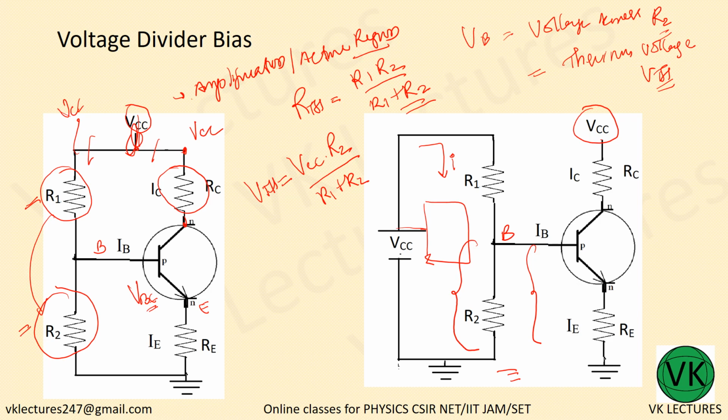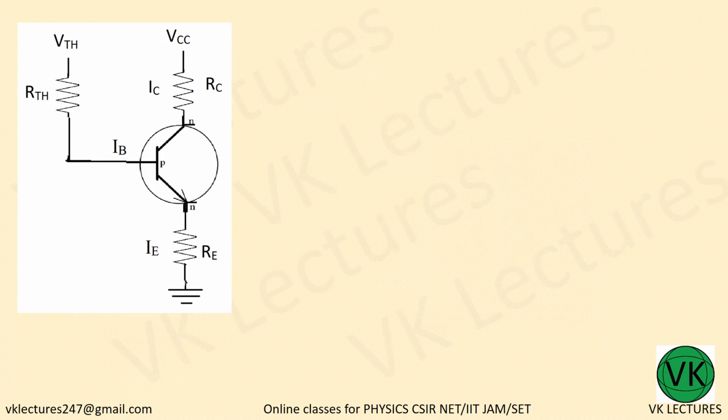Now we have got RTH and VTH, and this is the first thing that you have to do when you are getting a voltage divider circuit. Find out VTH and RTH. Once you have found out VTH and RTH, just make the equivalent circuit.